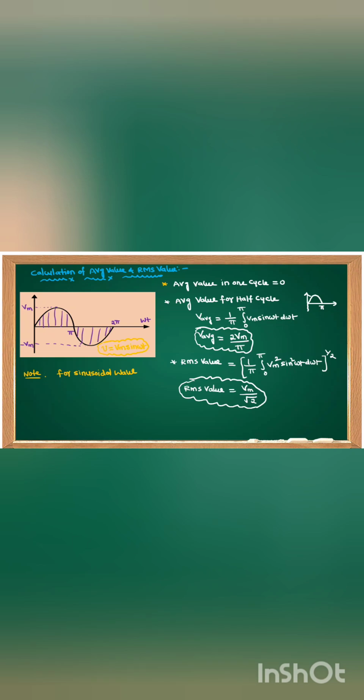Generalized formula: V average equals Vm by T times cos of upper limit minus cos of lower limit. If the voltage function is given, take Vm. If the current function is given, take Im. How to calculate RMS value? Vm by root 2 T.